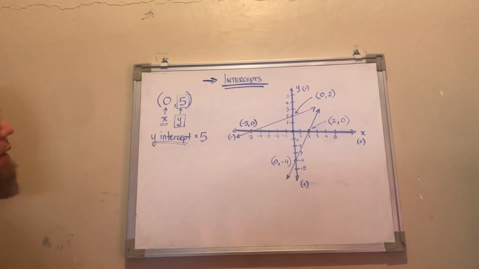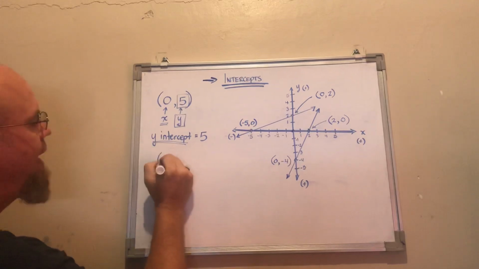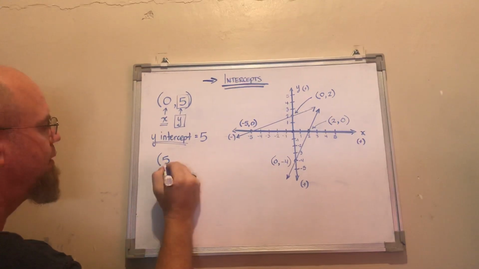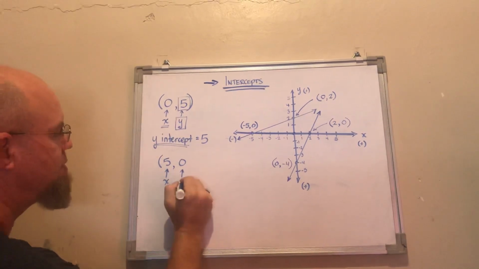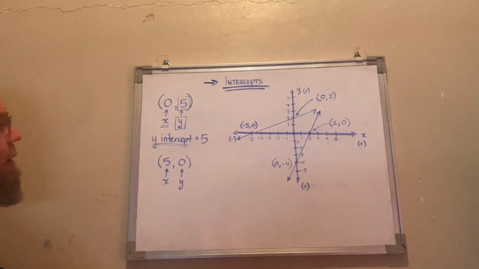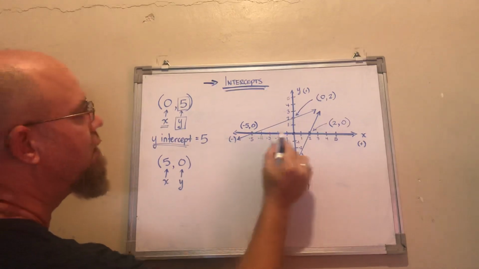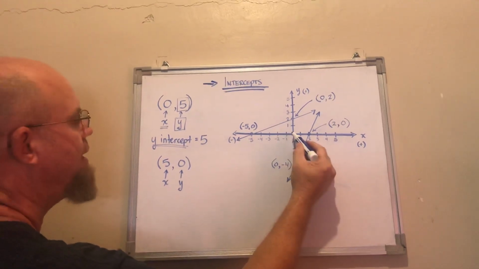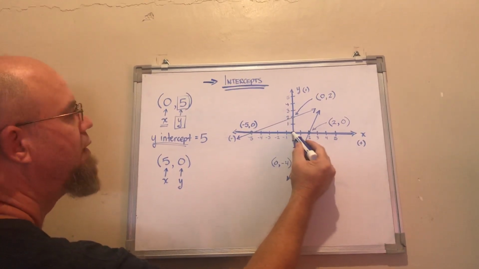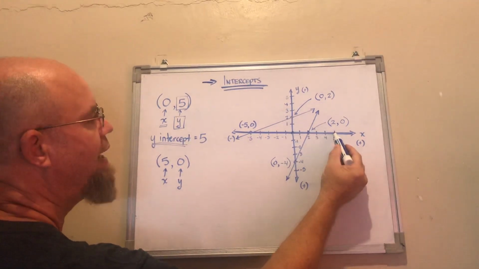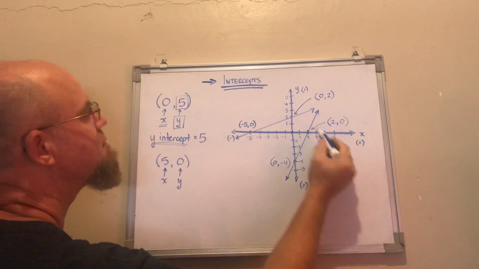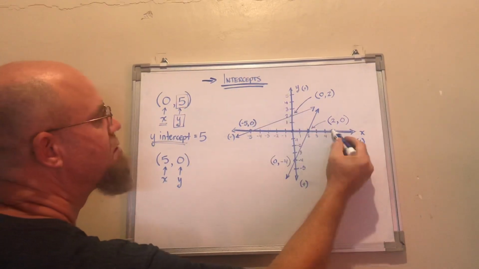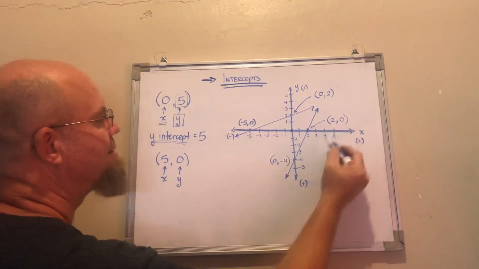Now the opposite is true. If I had 5 as the x value and 0 as the y value, if you look at the Cartesian plane, when y equals 0 and x equals 5, that is a point that crosses or intercepts the x-axis.